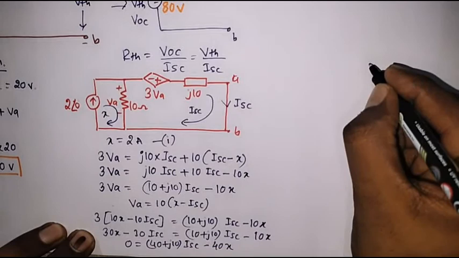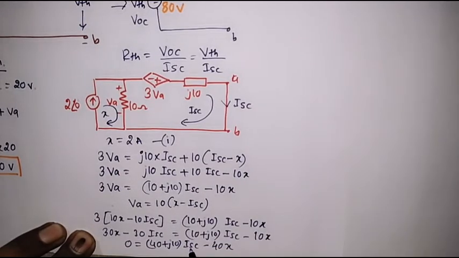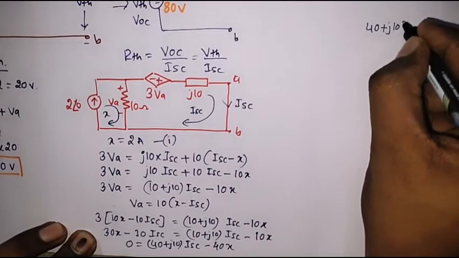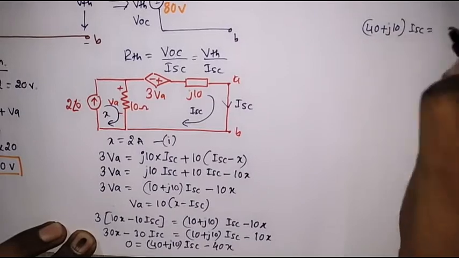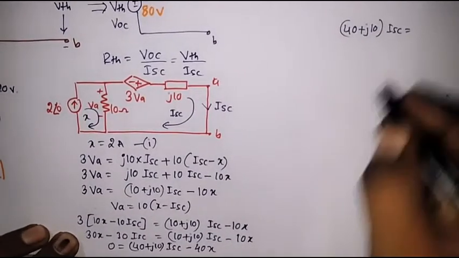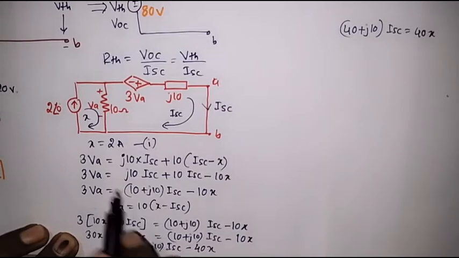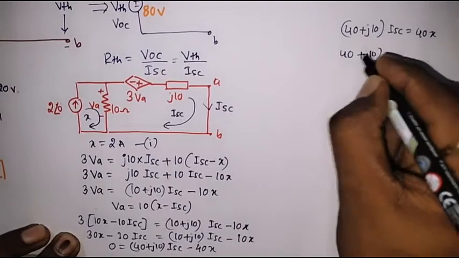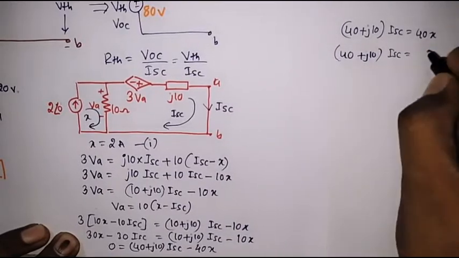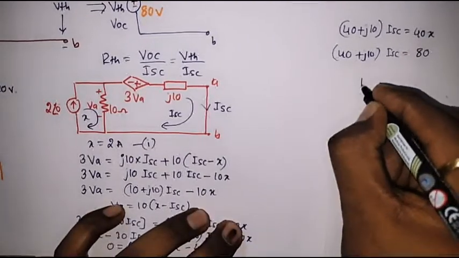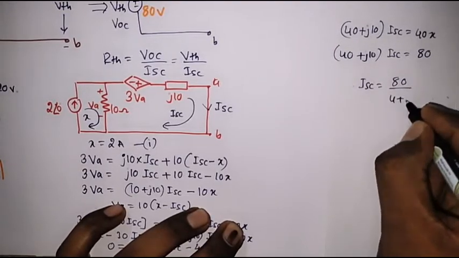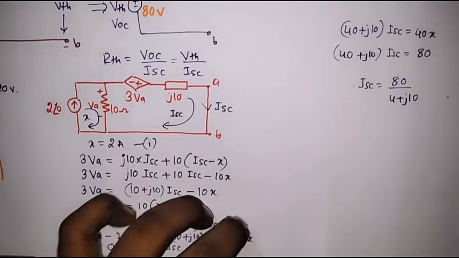Now I can write 40 plus J10 ISC is equal to 40X. We know that X is equal to 2 amps. Therefore, 40 plus J10 ISC is equal to 80. Therefore, ISC is equal to 80 divided by 40 plus J10.